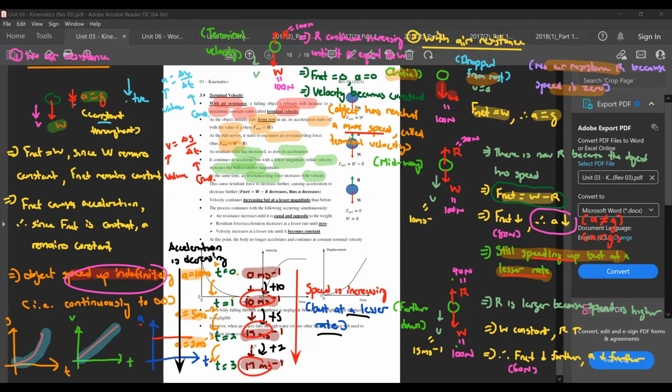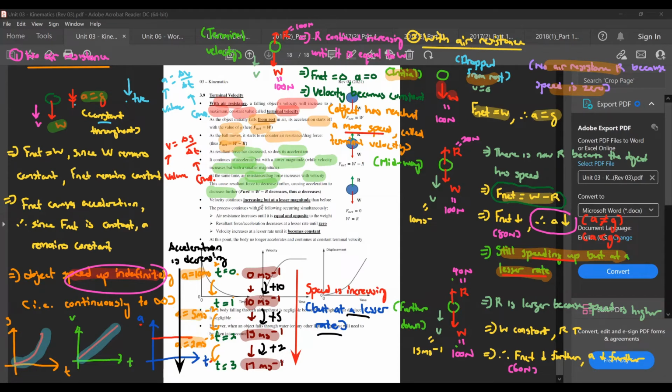It is still considered an increase, but each time the increase is less. So your air resistance continues to increase. This in turn causes your resultant force to decrease further, causing your acceleration to decrease even further. It could be originally 5 meters per second squared, but suddenly now it dropped to 2 meters per second squared.